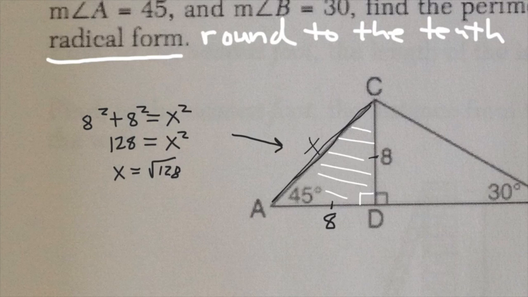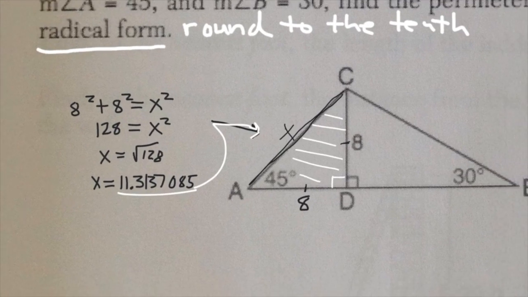It comes out to be about 11.3137085. I'm not going to round yet. I'm going to wait to the very end. The answer does look right in the picture. That looks like it could very well be 11 spaces for side AC.